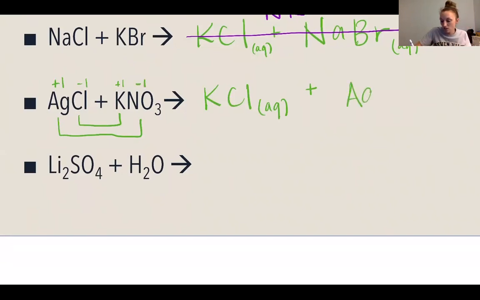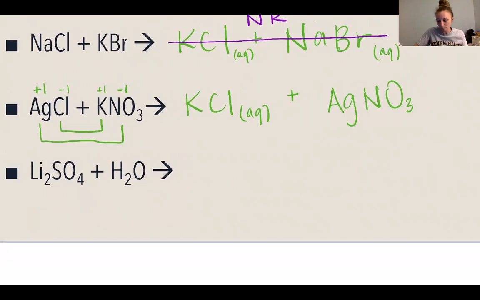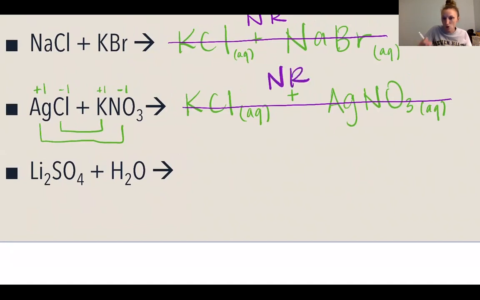So AgNO3. Now, silver, not an alkali metal, but nitrate is one of the anions that I said if you have nitrate, it's always going to be aqueous. So again, I have two products that are both still soluble, aqueous, in solution, however you would like to say that. So no reaction occurred there.